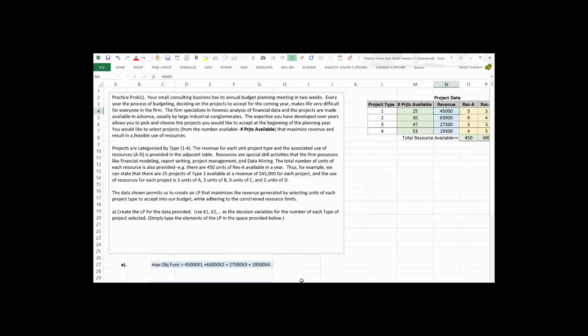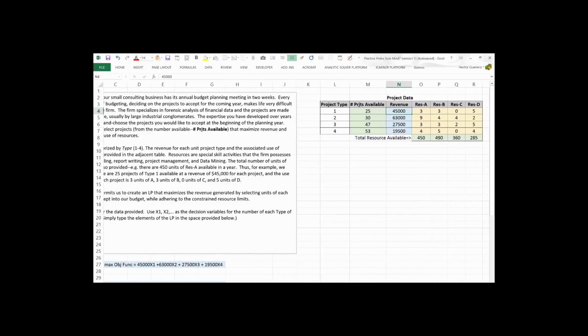So how do we constrain that to account for the resources that are available and that are scarce?